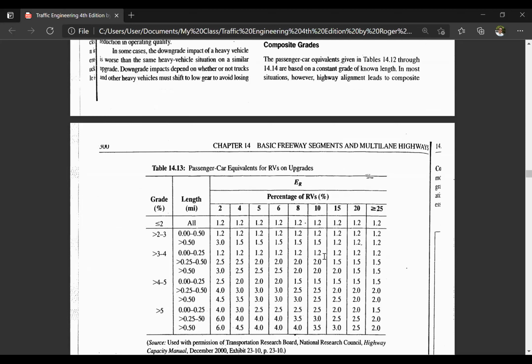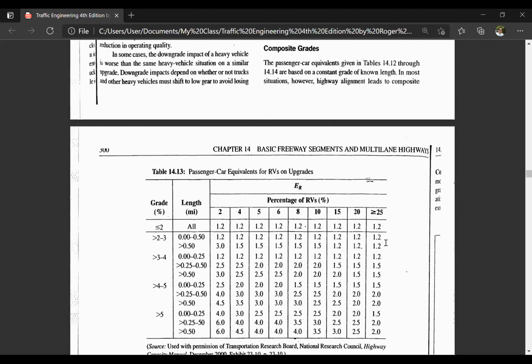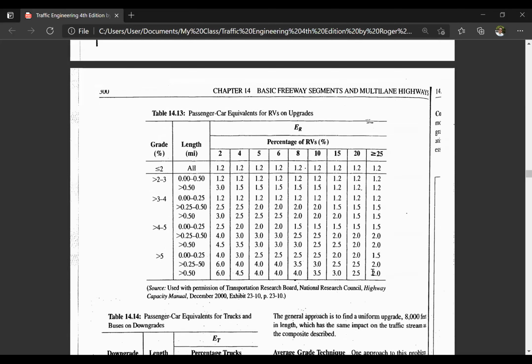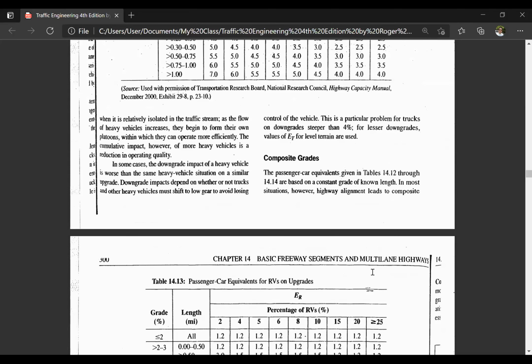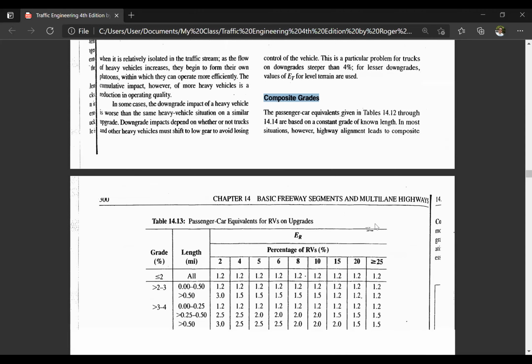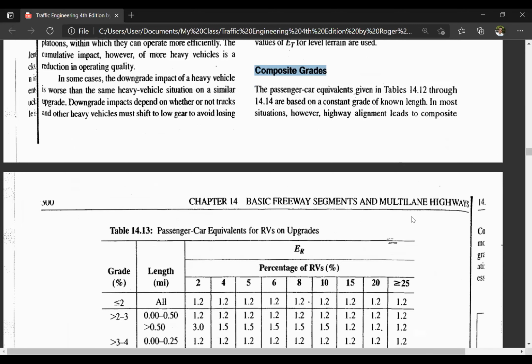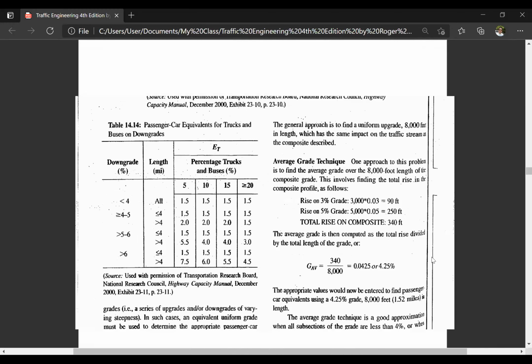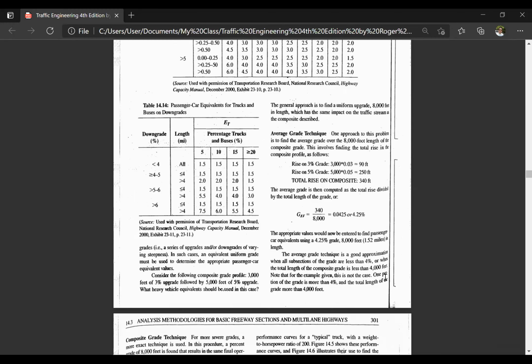For an upgrade, for an RV, we use table 14.13. And for downgrade, we use 14.14. Composite grade technique. This one you may get confused by because there are several techniques to be used.